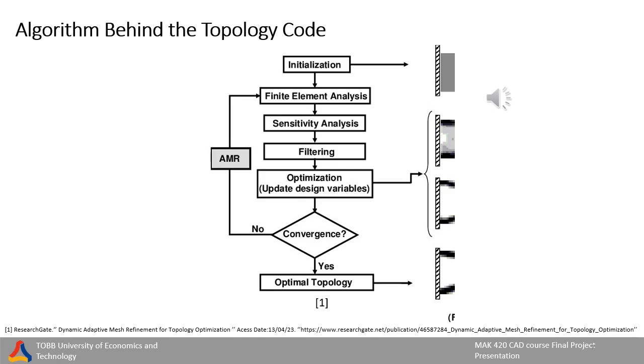After that, sensitivity analysis and the filtering process. Then optimization is finished, and if it is convergent, we can say that the optimal topology has been found. Also note that AMR tried to make high spatial resolution for accurate three-dimensional design to avoid post-processing or interpolation as much as possible.